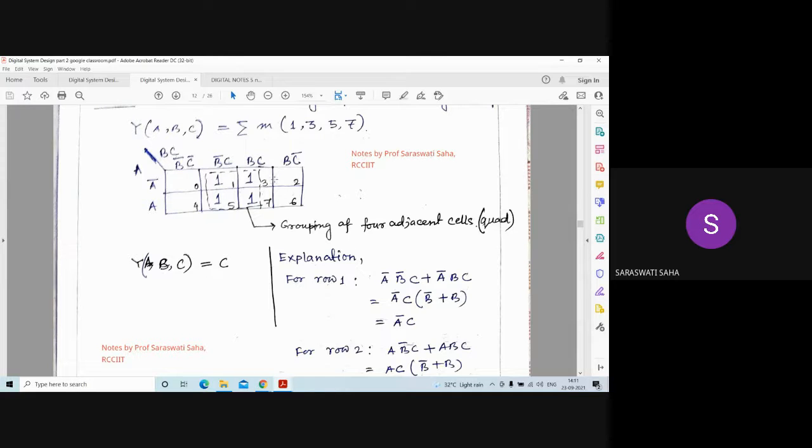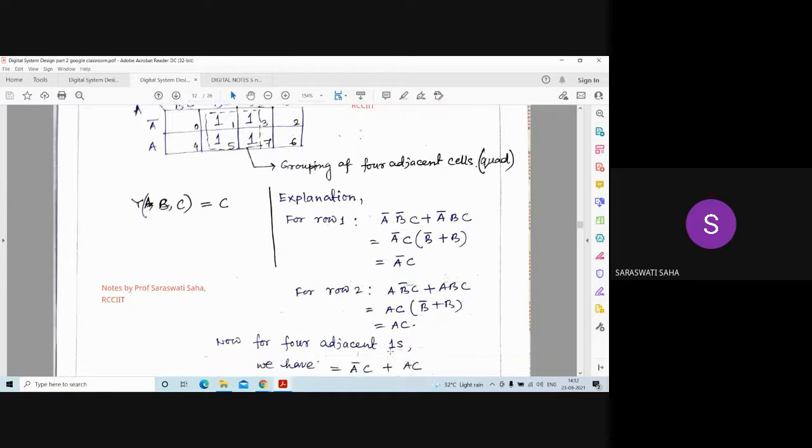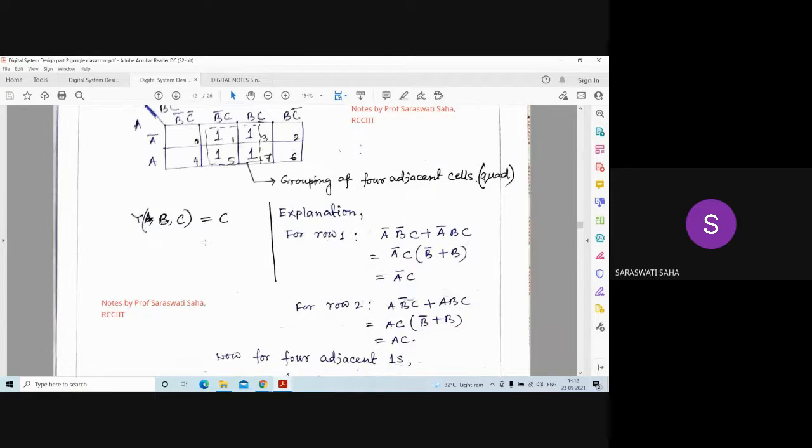So which method is easier for us? K-map. And one of the main drawbacks that we have seen in the algebraic method is that after the simplification we have a doubt whether it is the last step or whether there are any other steps by which we can minimize the expression further, right?